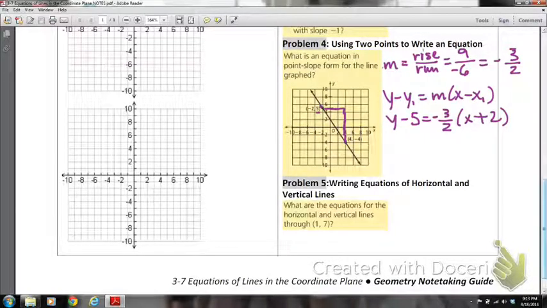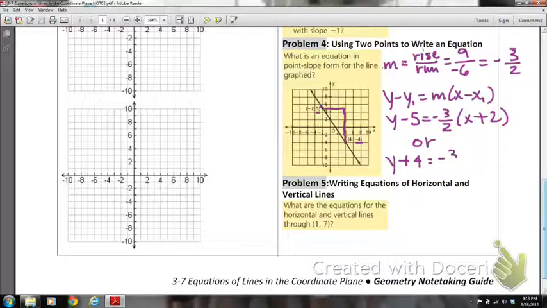That is a valid equation for that line, but we could have also used the other point, the 4 comma negative 4 point. I could have written the other equation as y minus a negative 4, because negative 4 is the y-coordinate of the other point on the line. So y minus a negative 4 is y plus 4.